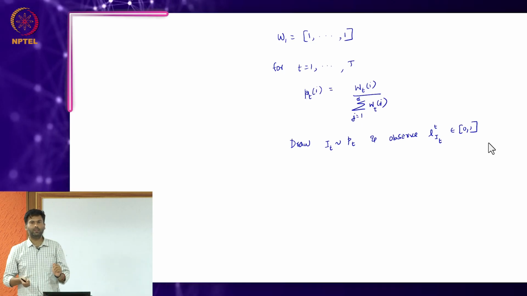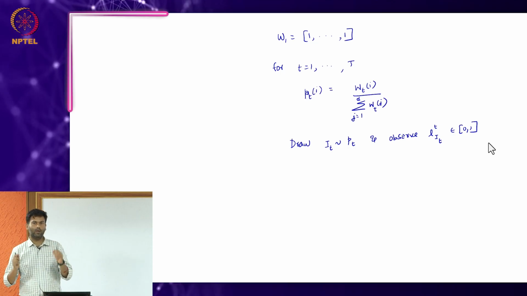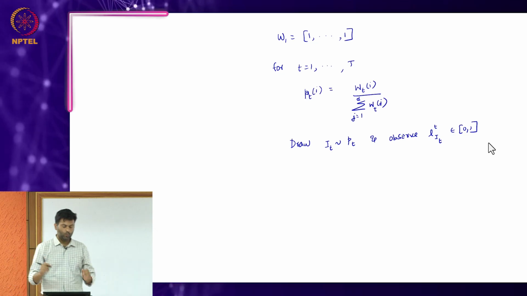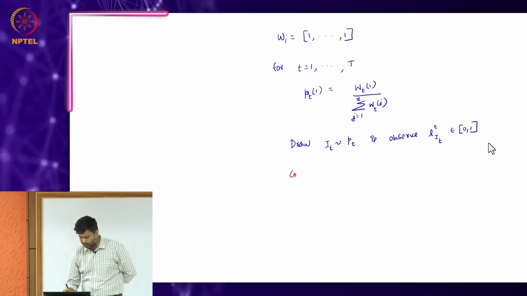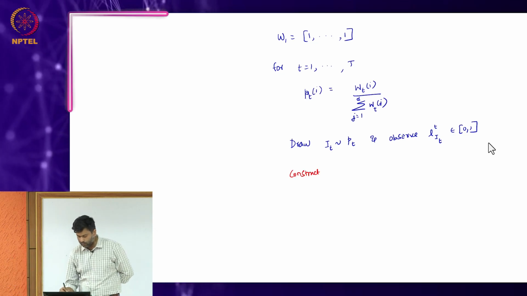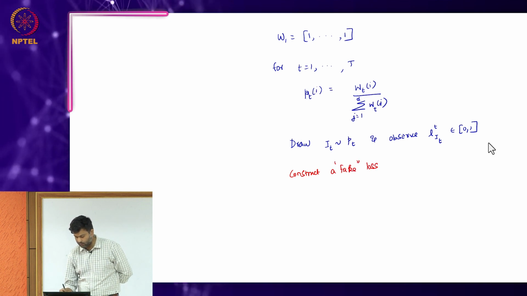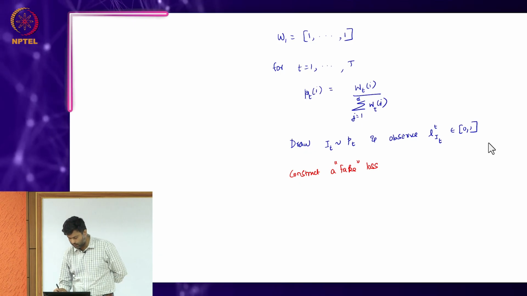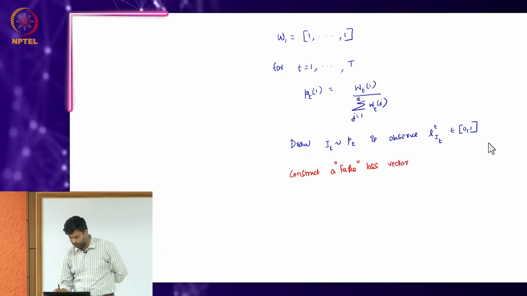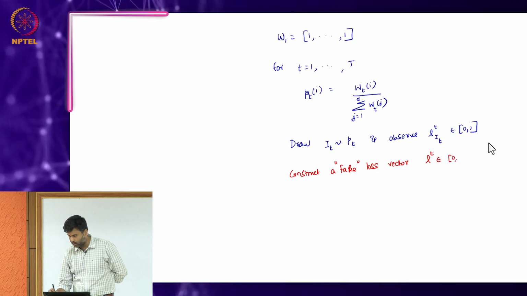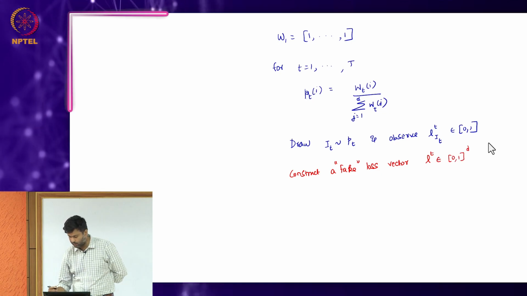The way we are going to fix this is that we are going to construct a fake loss vector, fake within quotes, because that is something I am saying, not in the literature, a loss vector l-tilde_t in R^d.